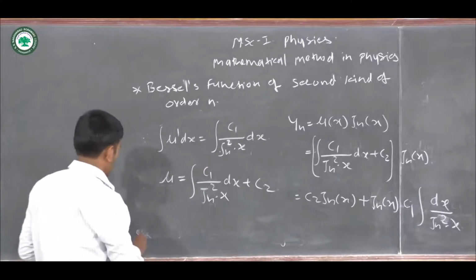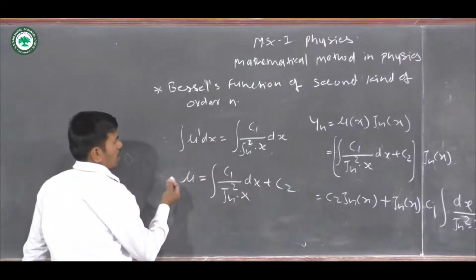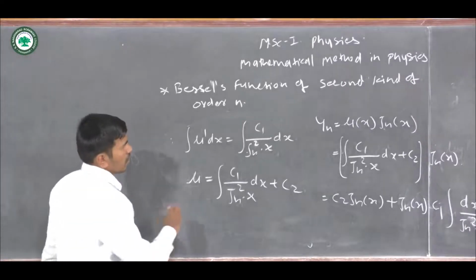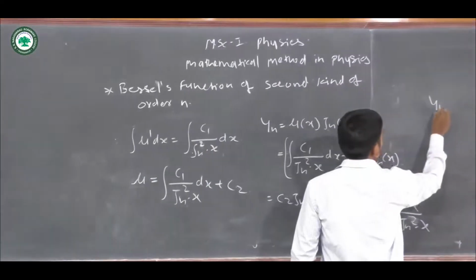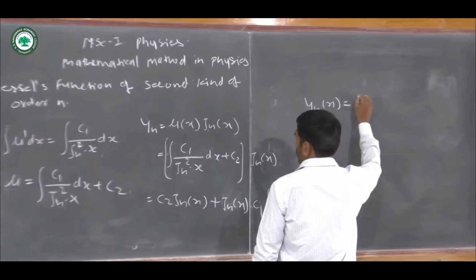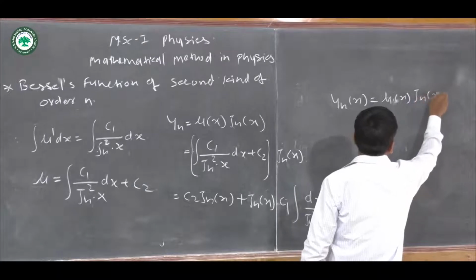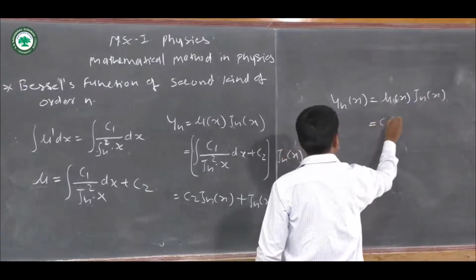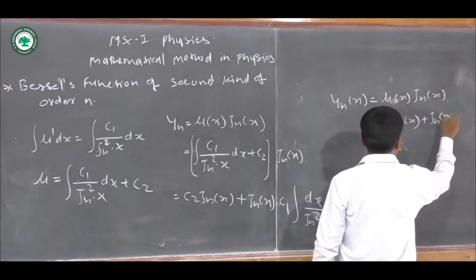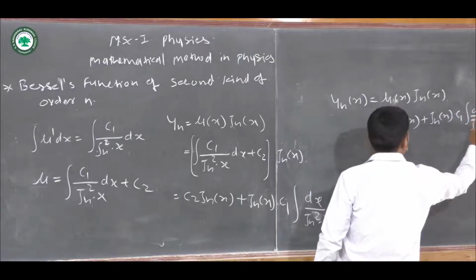So y(x) is equal to u(x) and J_n(x), and this is equal to c2 J_n(x) plus J_n(x) into c1 times the integral dx by J_n² x.